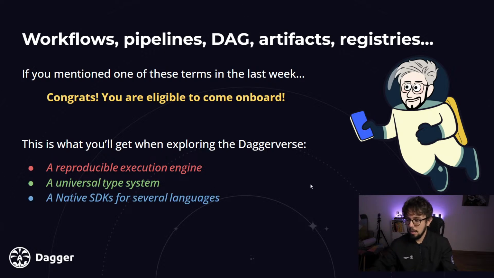And of course, to write this kind of pipelines in your preferred language, you also come with some SDKs. Imagine that: Dagger provides you all the tools needed to develop your own pipeline in this new and really powerful way.